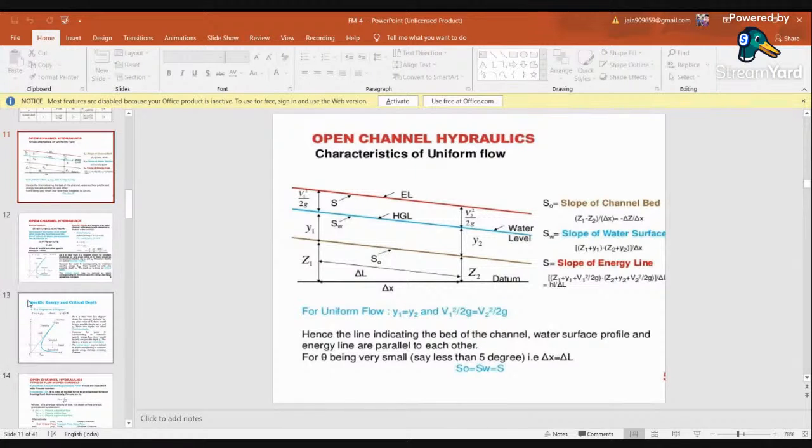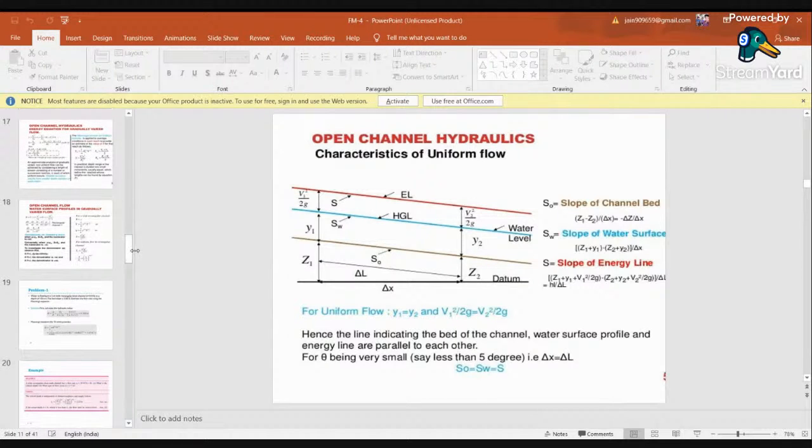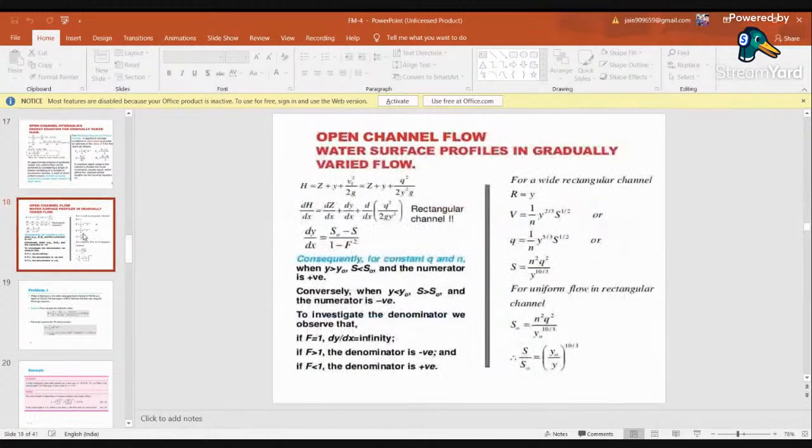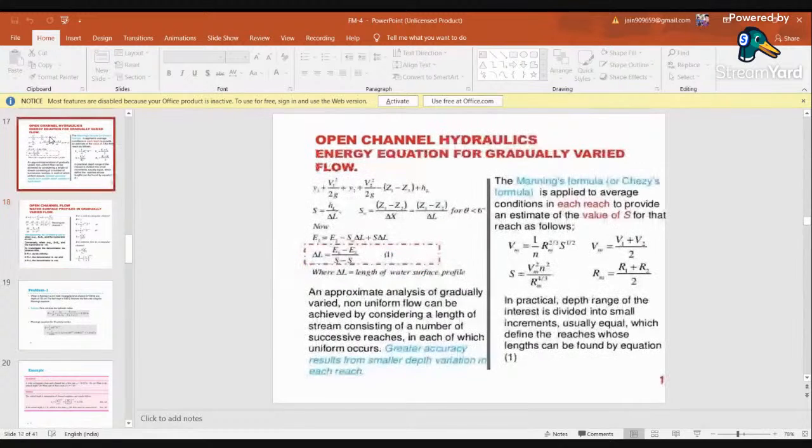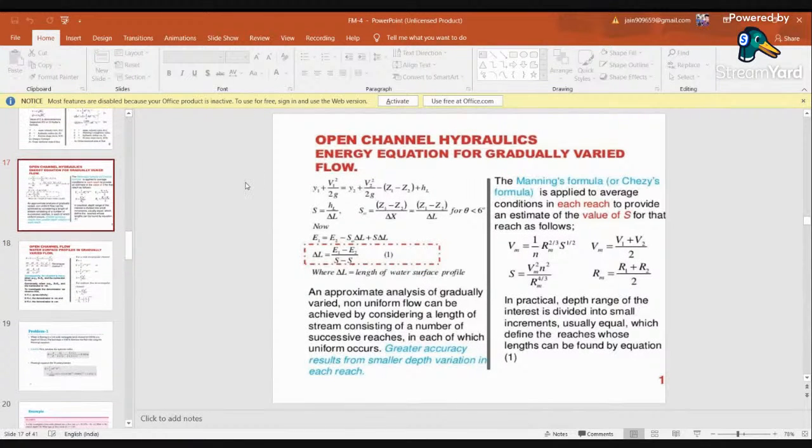From this equation we derived the formula Z plus Y plus V square by 2G must equal Z plus Y plus Q square divided by 2 B square Y square into G. Here you have taken another equation, that is Y1 plus V square by 2G must equal Y2 plus V square by 2G at two different sections plus HL.